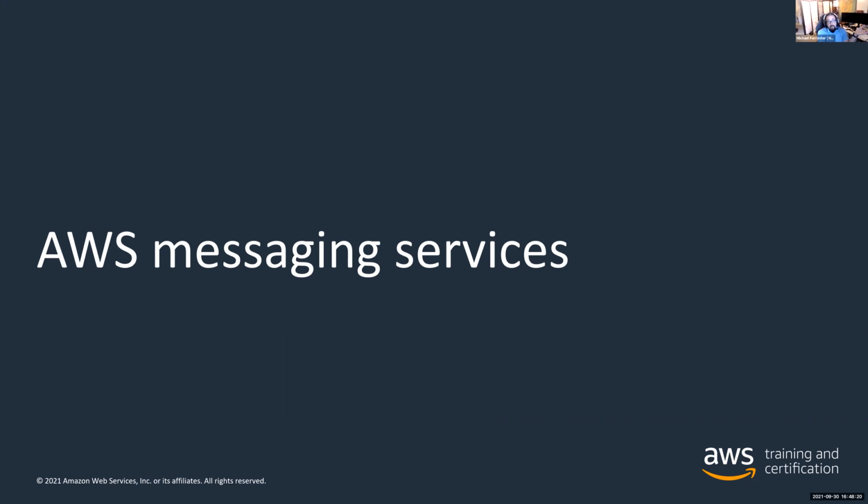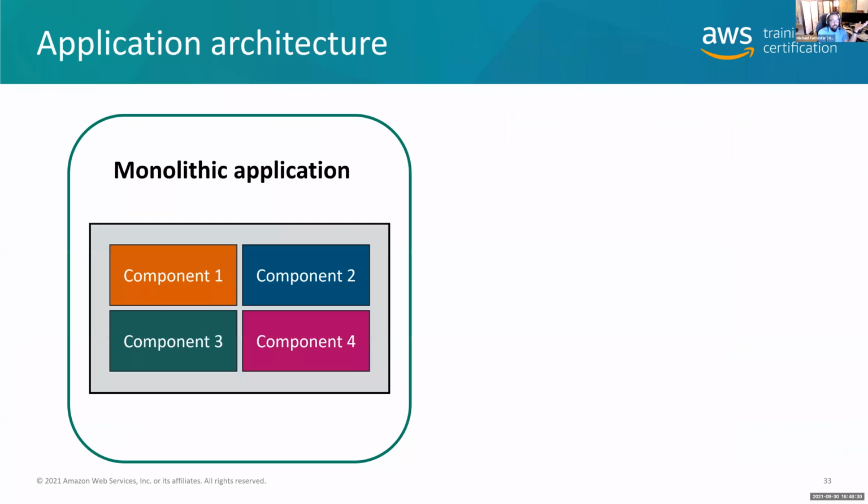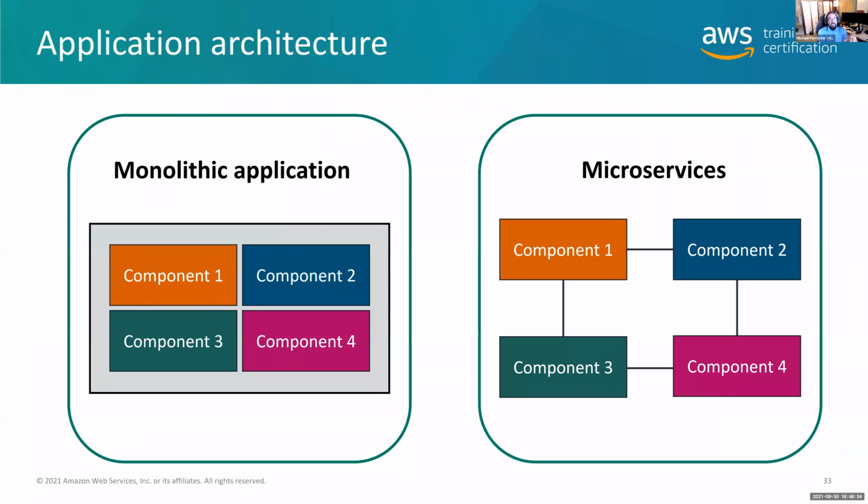All right, so now we're going to talk about messaging services. And what I'm really saying here is that we're actually talking about a new AWS service. I don't know why, but we are. So one thing to know is that there are these buzzwords floating around where people are writing applications. They're coding them with their tiny little coding hands.